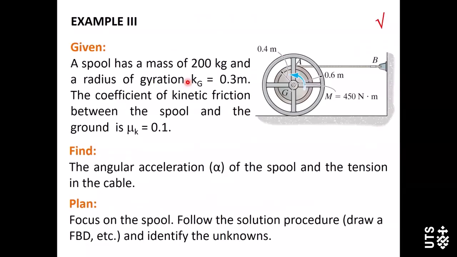Now, one example. In this example, we have a spool. Its mass is 200 kg. Its radius of gyration, kG, is 0.3 meter.